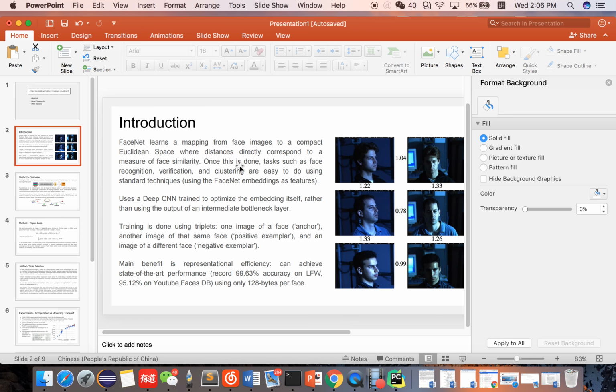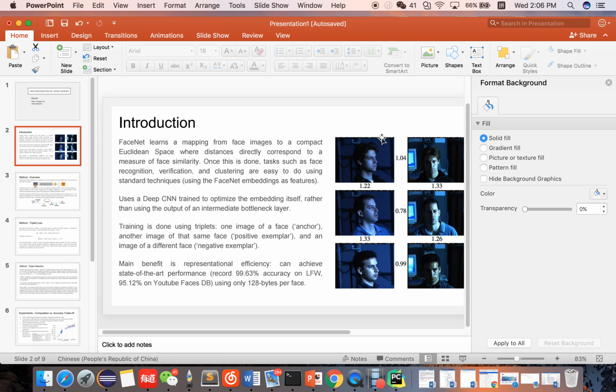What is FaceNet? There are many ways to distinguish two kinds of faces. In this part, you can see that FaceNet just maps the image to a Euclidean space with distance.